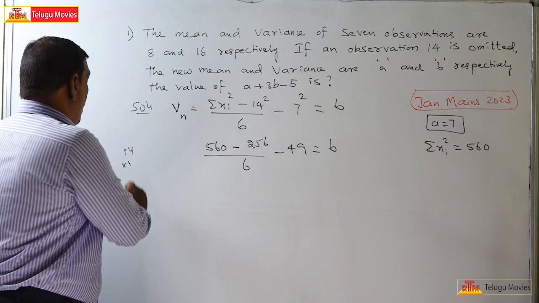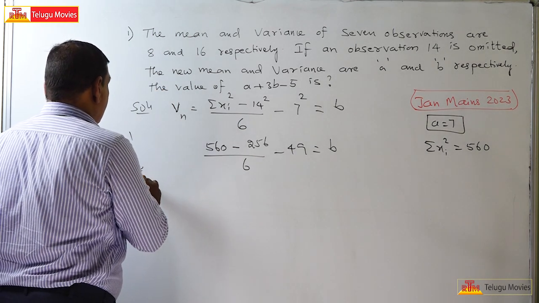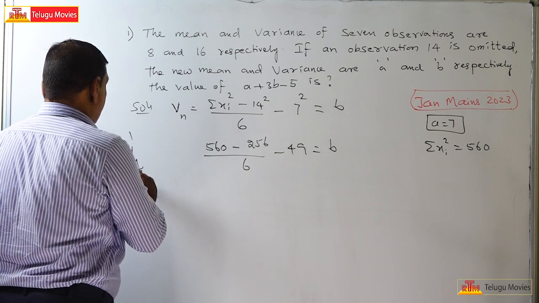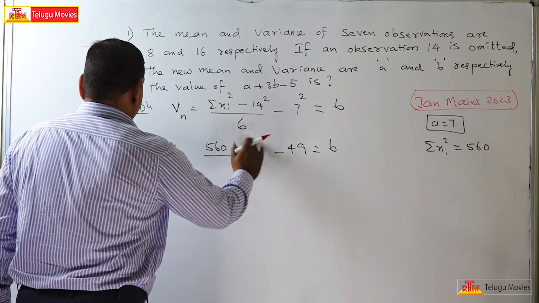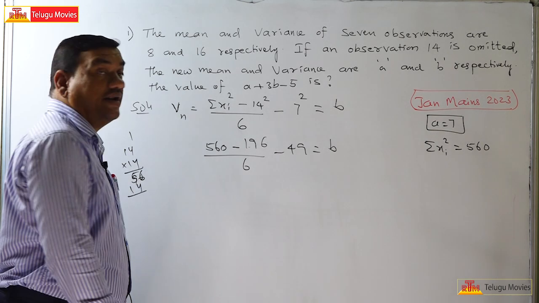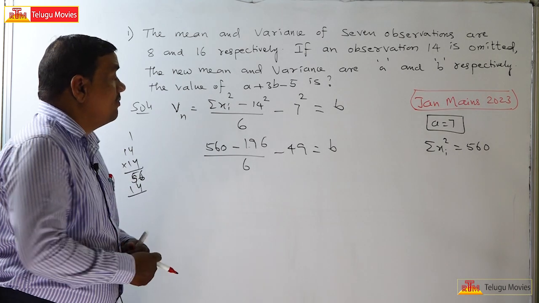So 14 square is 196. So this is equal to 560 minus 196 by 6 minus 49.